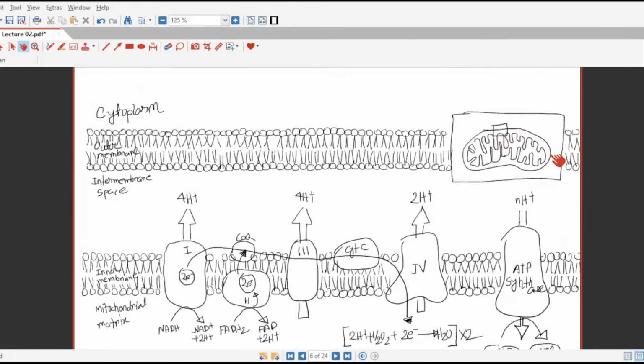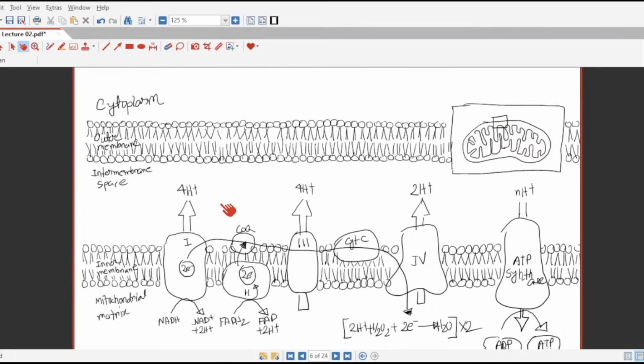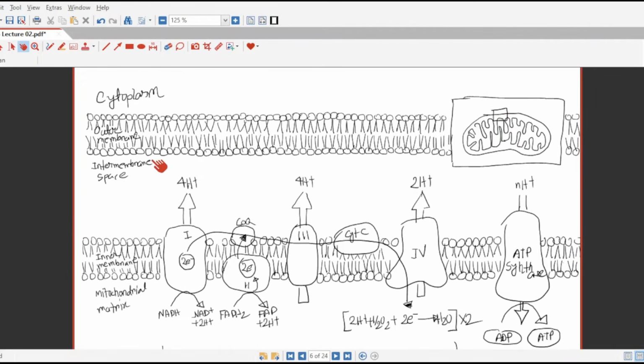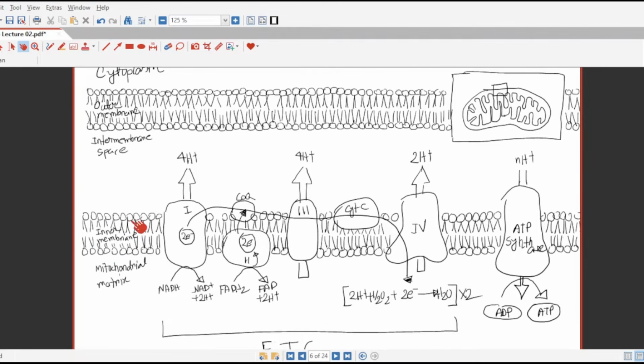So this is mitochondria, and we have taken a slice of the membrane of mitochondria and we have zoomed inside it. If we see closely, we will see that in this membrane there is an intermembrane space, and this is inner membrane and this is outer membrane.